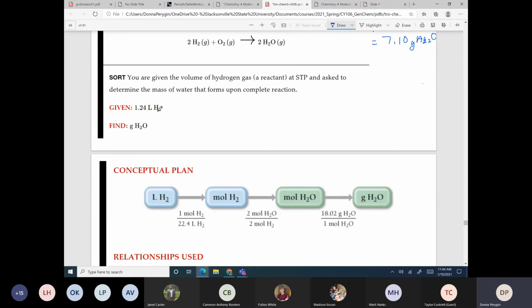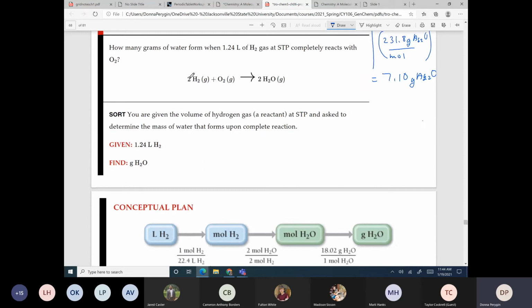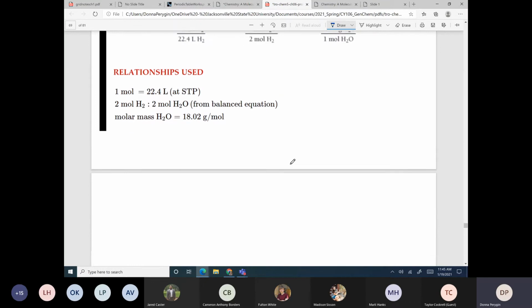So given 1.24 liters of H2, find grams. Okay, so given liters of H2, we can use that 22.4 liters per mole to get moles of H2, then 2 moles of H2 to 2 moles of H2O from the balanced equation here, 2 to 2. Okay, and then from that we can get 18.02 grams per mole.